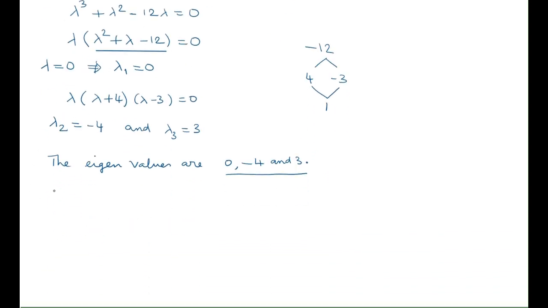The eigenvector for lambda equal to 0 involves the determinant of A minus lambda I, which is nothing but the determinant of A, which is the matrix with rows 1, 2, 1; then 6, minus 1, 0; and then minus 1, minus 2, and minus 1, whose determinant is 0.